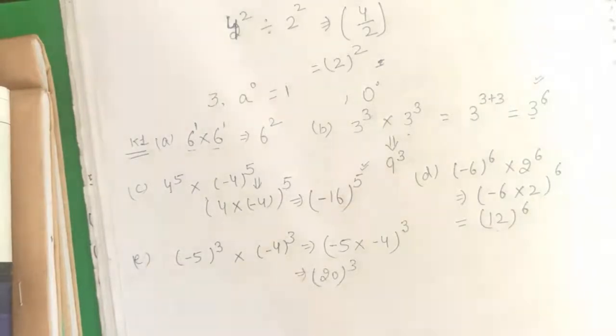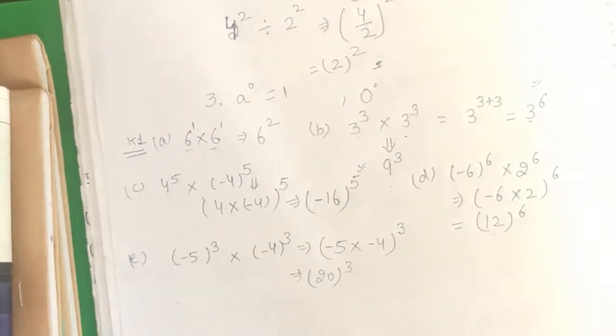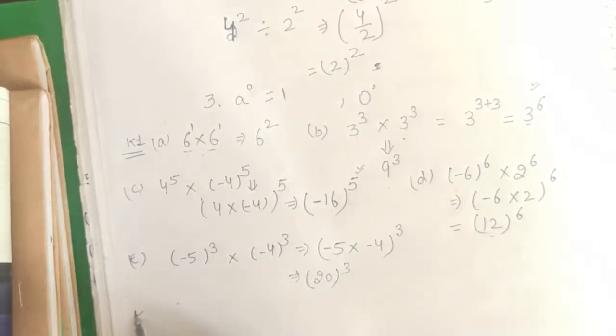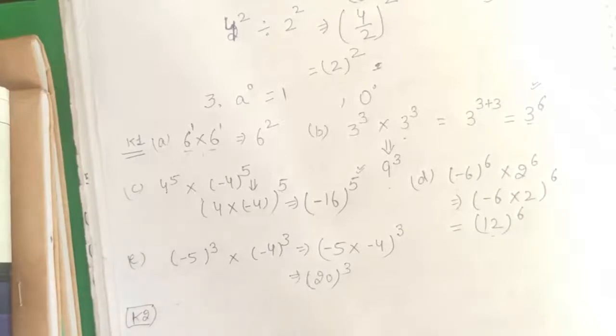Now come to K2, that is simplify these expressions using laws of exponents and write the answer as a single exponent. This we have done with multiplication. Now in the K2 we will use the laws of division.